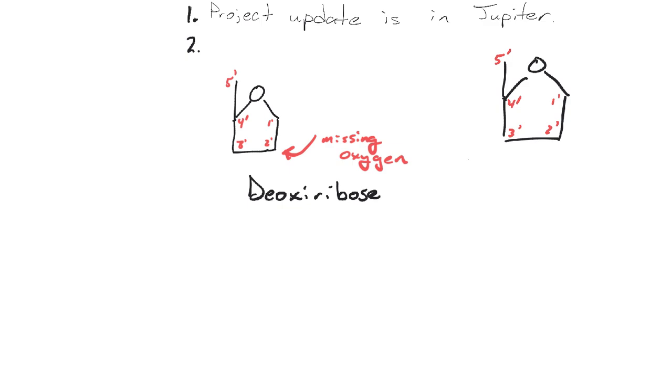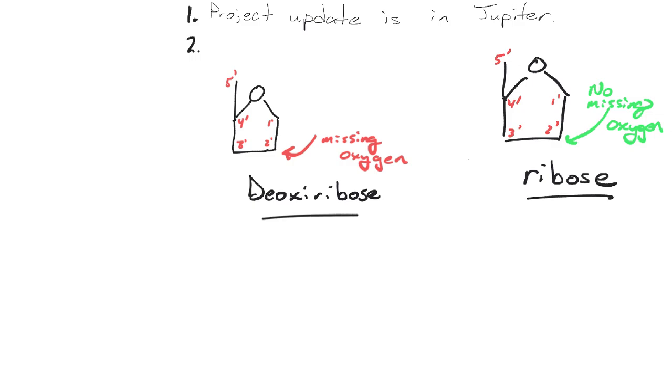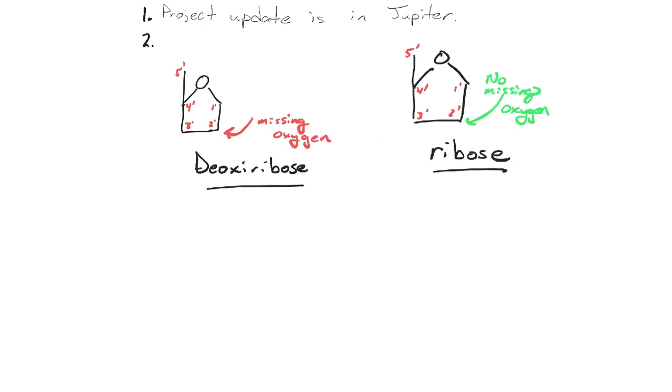The difference is there is no missing oxygen. I would get an index card and make sure I know that. We call this one ribose and this one deoxyribose. That'll be important when we start to talk about protein synthesis later this month.